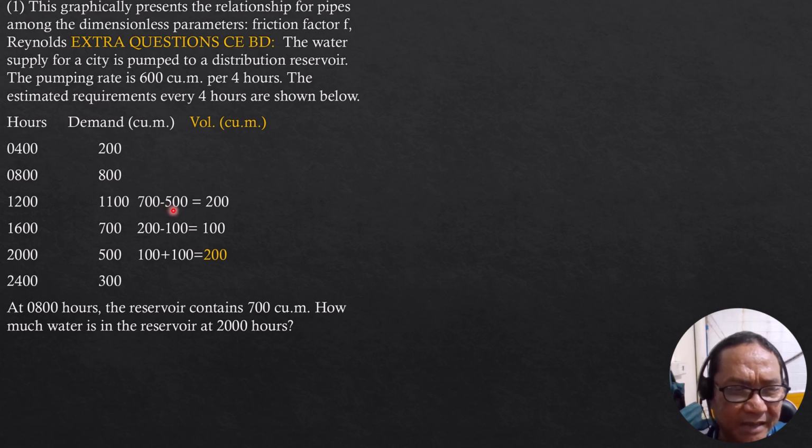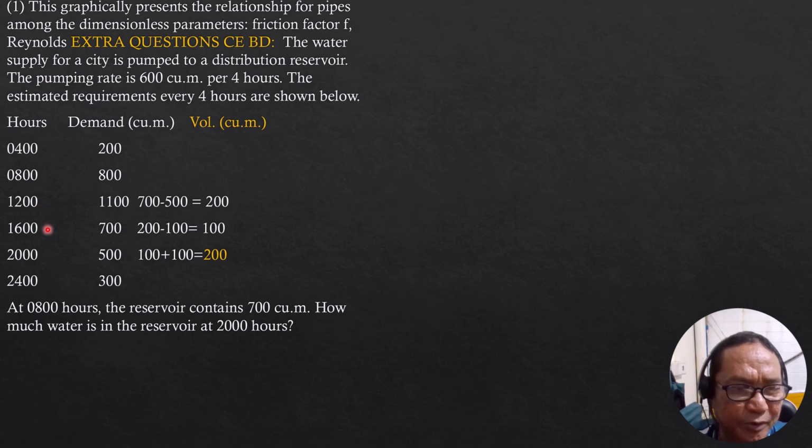So the other demand, which is 500, which cannot be supplied by the pump, should be taken from the reservoir. So 700 minus 500, there will be 200 cubic meters left at 12 noon.